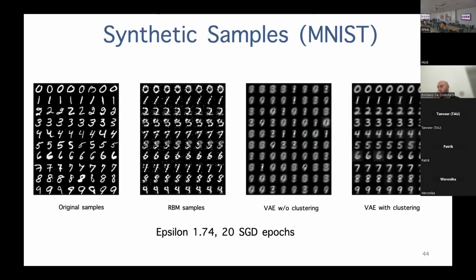So this intuition of clustering a data set into smaller data sets that are more similar to each other means that we can add less noise for the same amount of privacy, resulting in better utility. But, and this is very important, I think, you can see that the digits all kind of look alike, right?